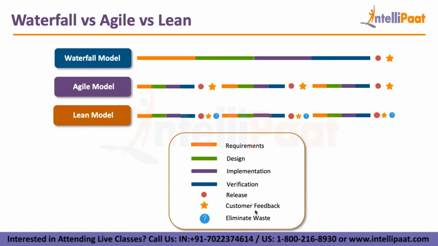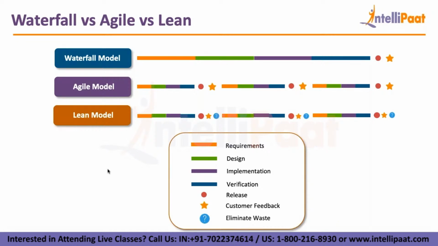So it's basically about setting up a mind frame that we have to save time, and with this conscious effort of saving time, in the end, when you see the whole project, how much time it took, there was a considerable reduction in time as well, right? So that is what the lean methodology was.